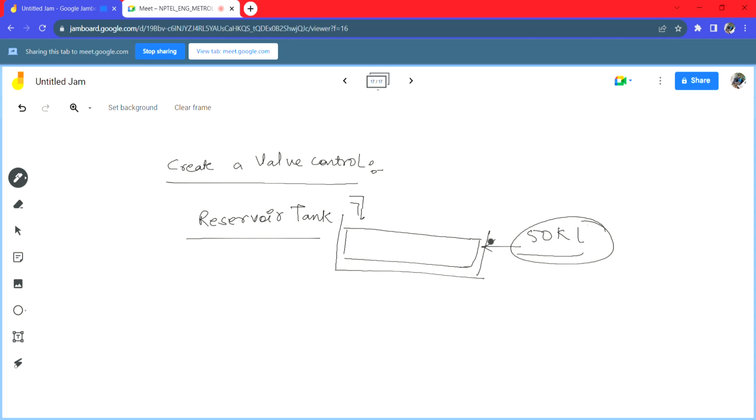Now, with the flow being variable, we cannot count the time required to fill these 50k liters of water. In that case, we have to design a system wherein when this tank is completely filled, I should cut off the supply from the baseline.